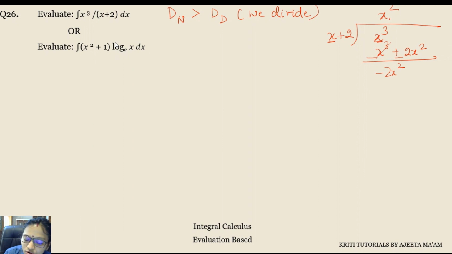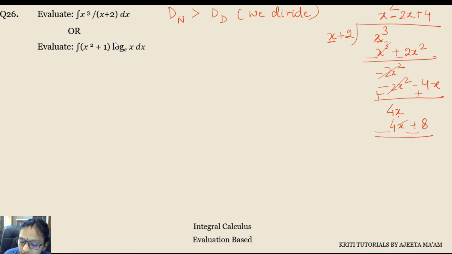Now the next term we need is minus 2x. So minus 2x square minus 4x. Again we change the signs of the terms. Now 4x comes down. Now we need 4 here, so we get 4x plus 8. Again you change the sign. So your remainder will be minus 8.